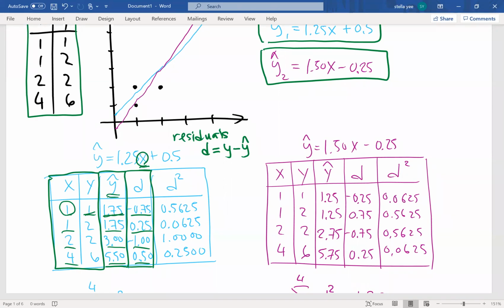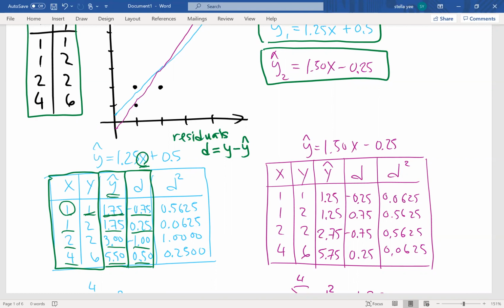So I want to give a measurement or like a penalty for being off, right? If I just add up the residuals, negative residuals will cancel out with the positive residuals. So that's not a good measure for how bad the approximation was.